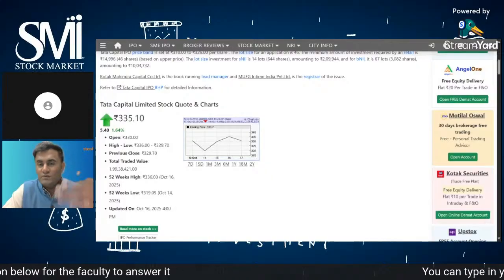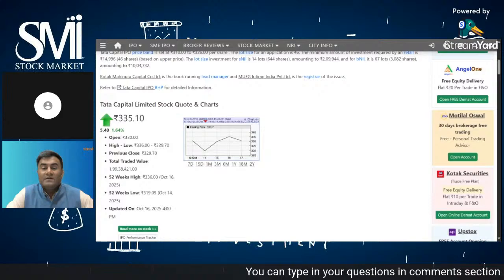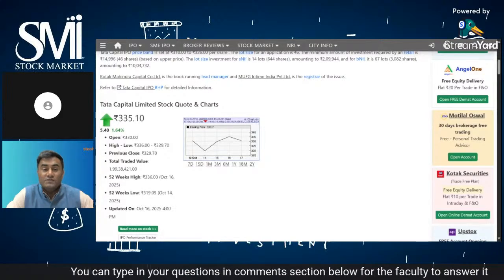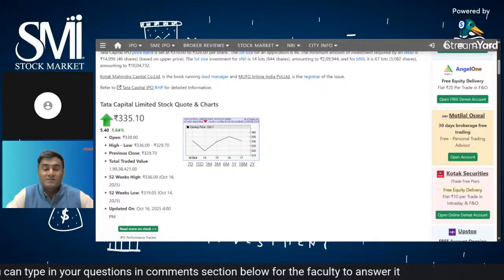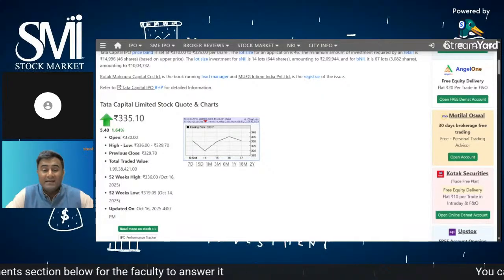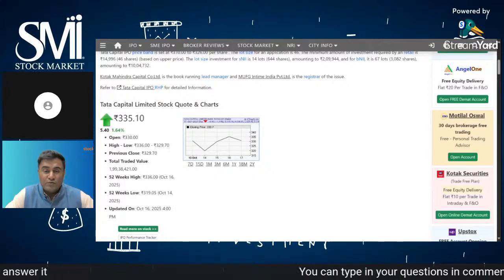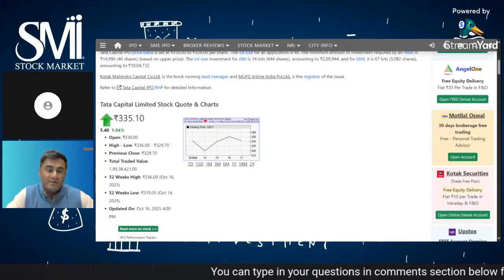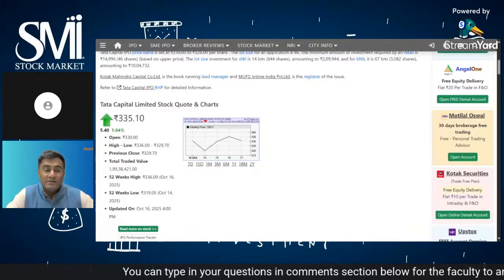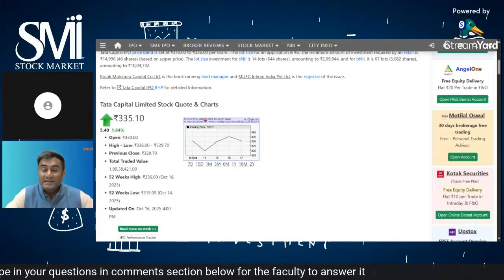So just to explain the difference. Again, this was a combination of fresh issue as well as OFS. Total size was 9,375 crores. Then if we scroll down, I'm quickly coming to the main points. You see over here, friends, the retail shares offered is less than 10%.